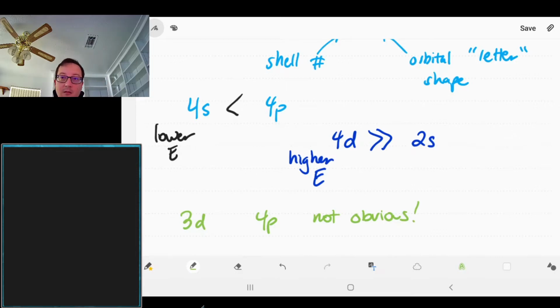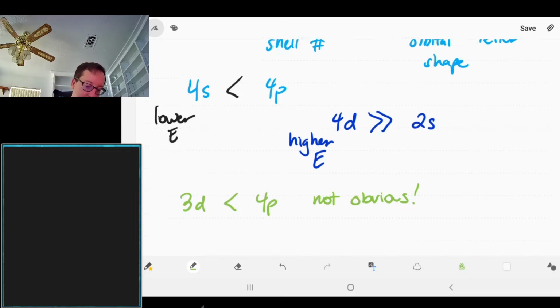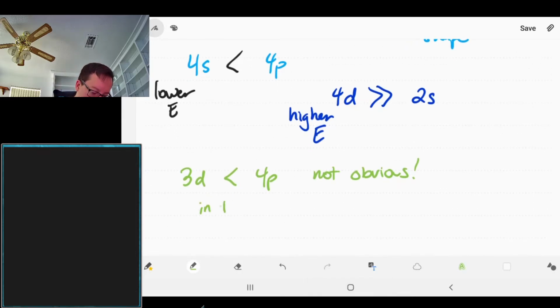And I would, at this point, not expect you to know the answer. In this case, the answer is that the 3d is the lower one. But don't just assume that's always the case. We're going to learn how to figure this out when we have comparisons to make.